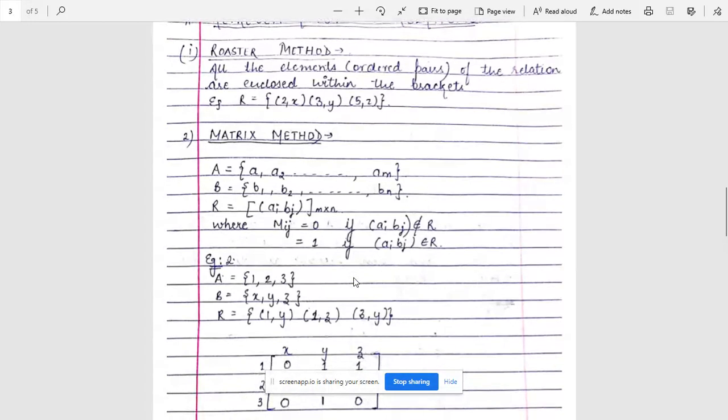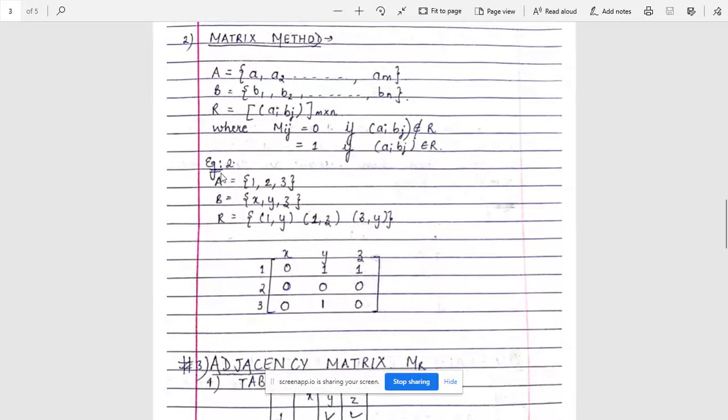See it carefully. For example, suppose A is the set {1, 2, 3}, B is {x, y, z}, and this relation R is defined. So first you will write A as 1, 2, 3 and B as x, y, z. It should be in this way. Now Mij is 0 since (1,x) is not in your relation, so put 0. (1,y) is there, so put 1. (1,z) is there, so put 1.